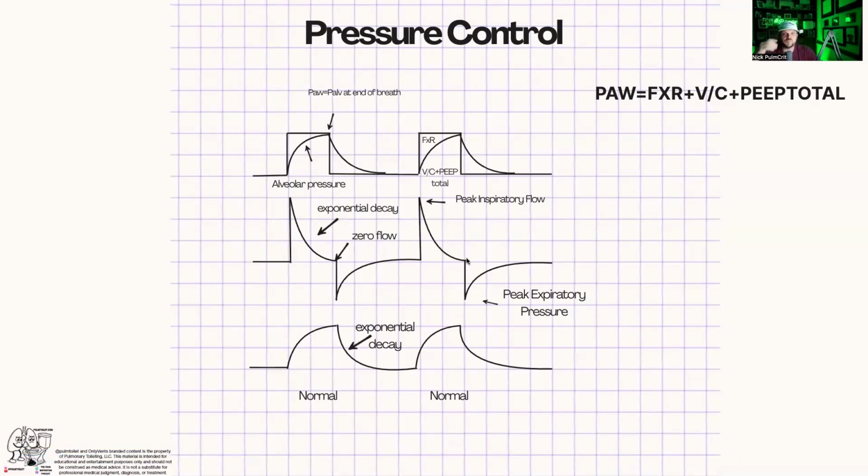And then remember what's important about that. If the patient's not passive, you can't make certain assumptions about the pressures and the plateau and the driving pressure, et cetera. So I think that's probably the most important thing to point out and the hardest thing to wrap our minds around with pressure control.